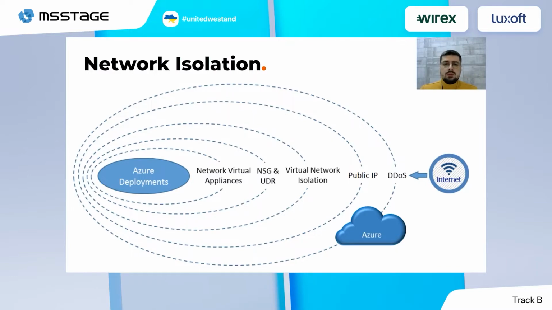Inbound from the internet, Azure DDoS provides isolation against large-scale attacks against Azure. The next level of isolation is customer-defined public IP address endpoints, which are used to determine which traffic can pass through the cloud service to the virtual network.